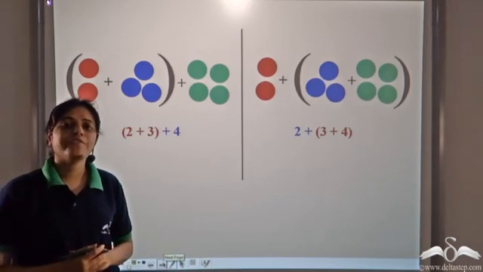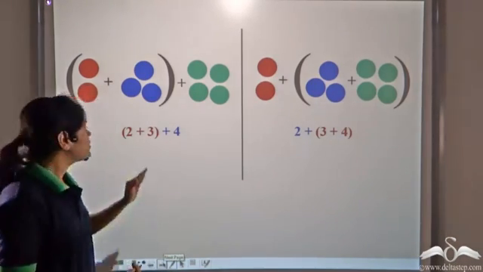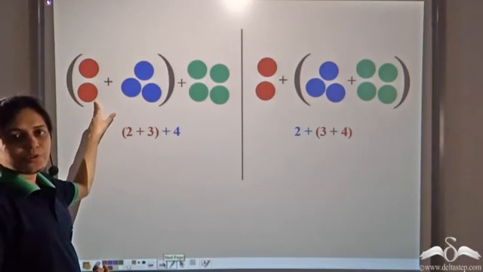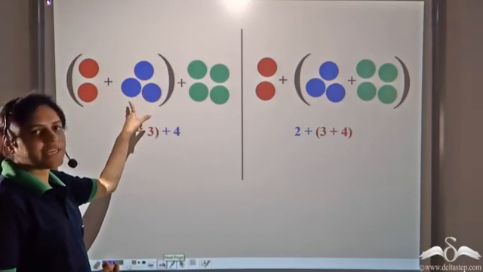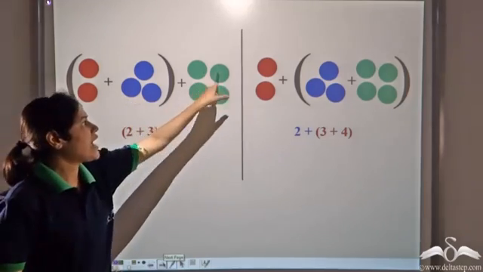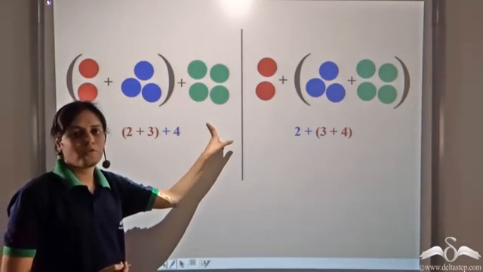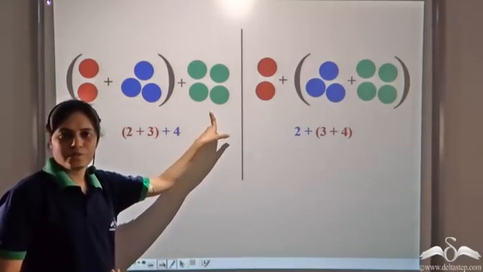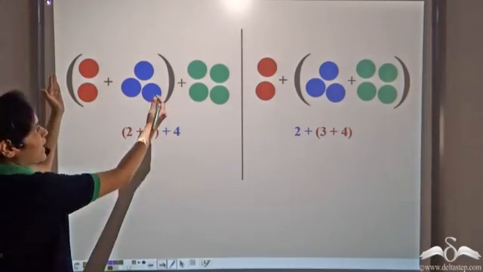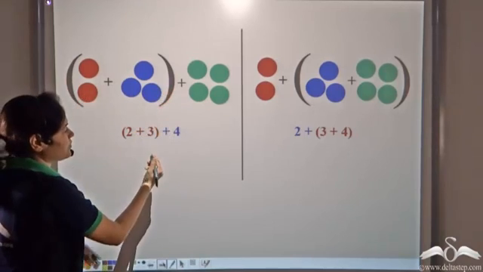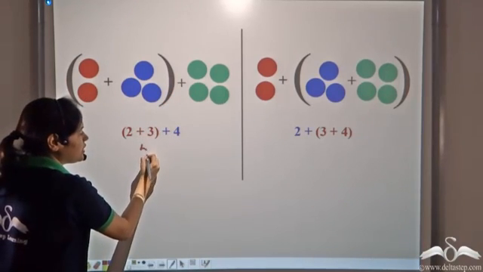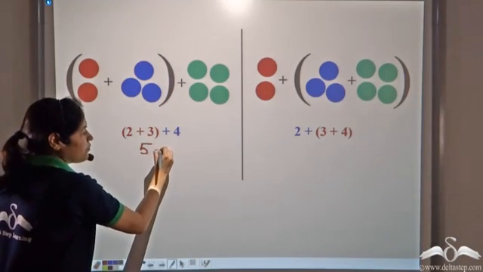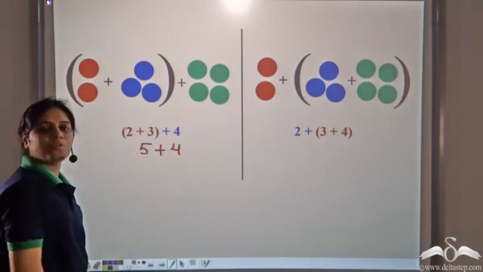Now suppose you have 3 groups of balls. In the first group, you have 2 balls. In the second group, you have 3 balls. And in the third group, you have 4 balls. And you have to add these 3 groups. One way is by adding these 2 groups first. So you add 2 and 3. You get 5 plus 4.